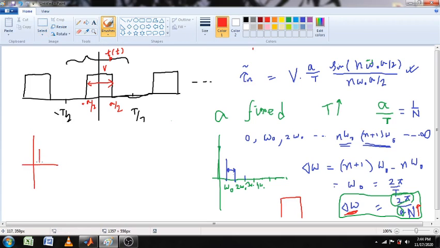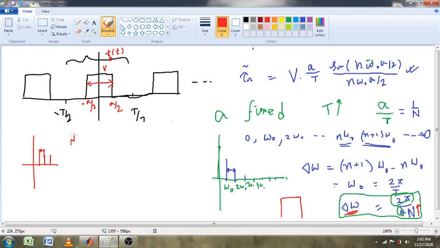The spectral gaps, the distance between the two spectral lines, in terms of the integer values are still the same. I still have omega naught and then twice omega naught. But because both of them have changed, the distance between them has become smaller, right? If this is for n equal to say 2, then for n equal to say 5, you will have a spectrum like this.